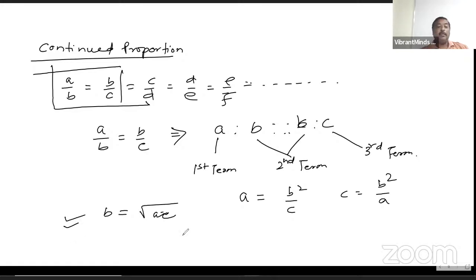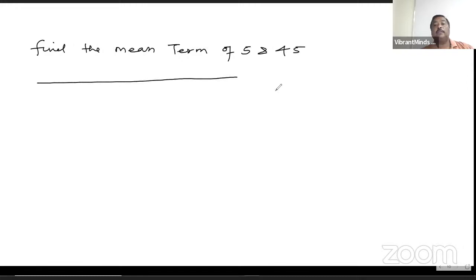Find the mean term of the continued proportion. Let me give you one example. Now suppose the question is, find the mean term of 5 and 45. Or the mean term of 3 and 27. So how are we going to do it? B is equal to under root 5 into 45.